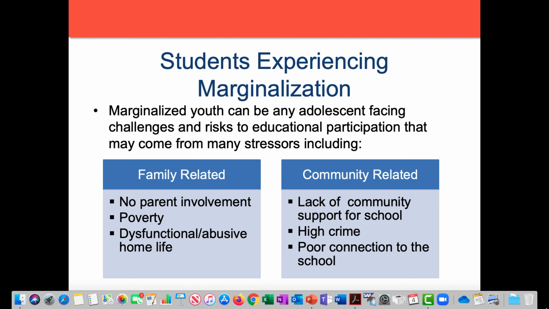So marginalized youth can be children that are facing a lot of challenges. They may be facing challenges in the home as well as in the community. And so we have to be very, very in tune to that. A lot of these children are bullied, particularly in the LGBTQA population. So we need to be very much aware of that risk.